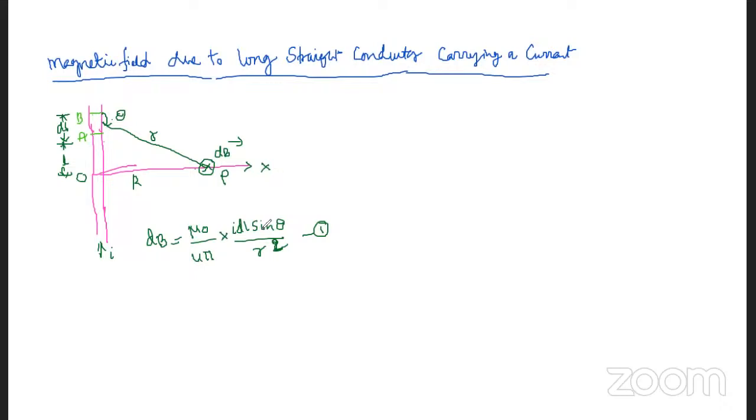Now the field due to the whole conductor we want to calculate. That is for a small element; this dB is the magnetic field. So for an entire conductor, what is the field we have to calculate, which is given by the field due to the whole conductor.